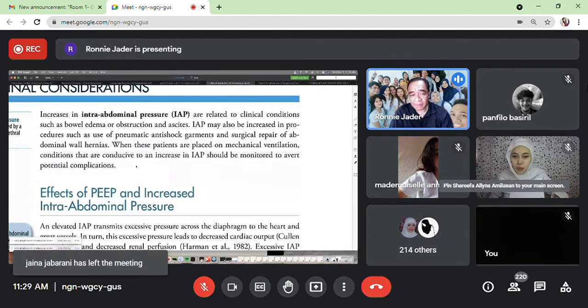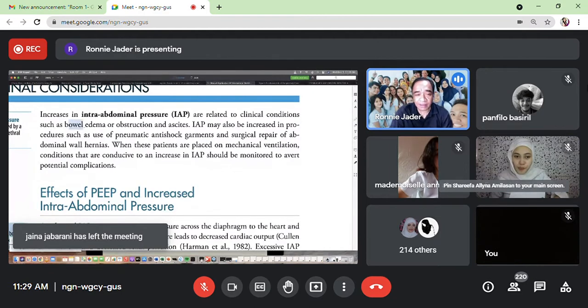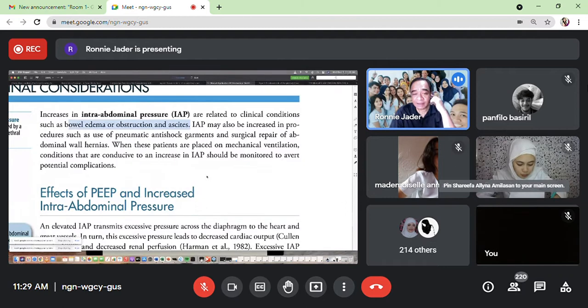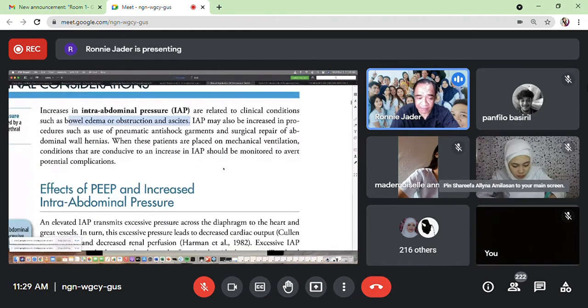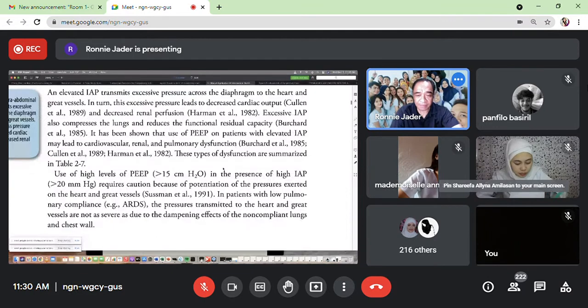So yung mga pasyente na mayroong bowel edema, obstruction, or ascites, sila yung mga pasyente na magkakaroon ng malaking problema kung meron silang mechanical ventilation. Otherwise, kung wala silang mga problem nito, okay lang naman tayo. Wala tayong problem doon.